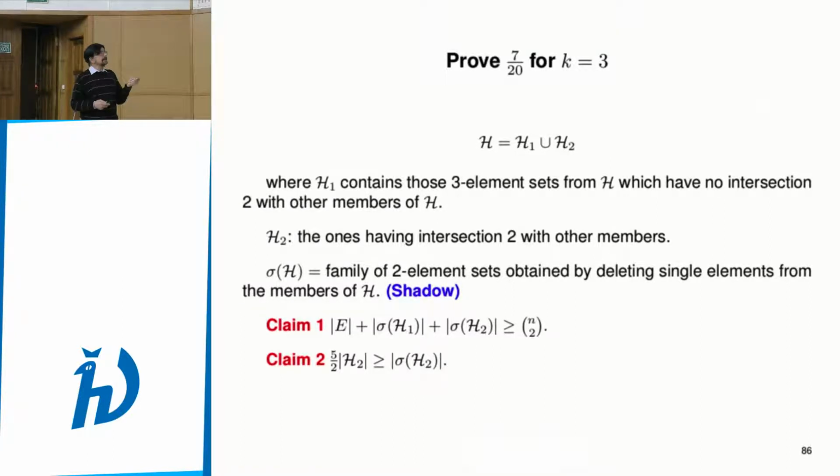Now this is the second claim. Remember, this is our miraculous number 5/2 instead of the 3. So I want to show this: we have a set of three-element sets in such a way that everyone has another one touching altogether in two elements.